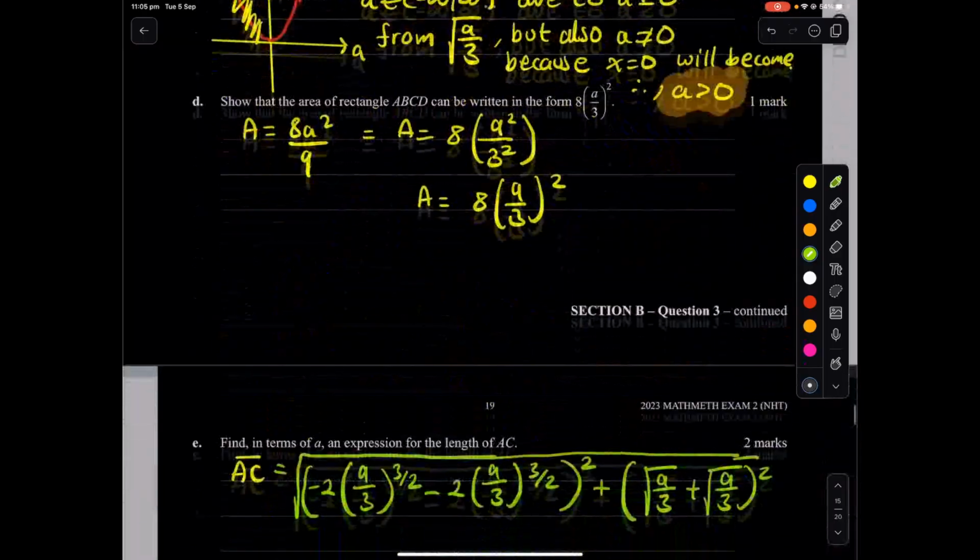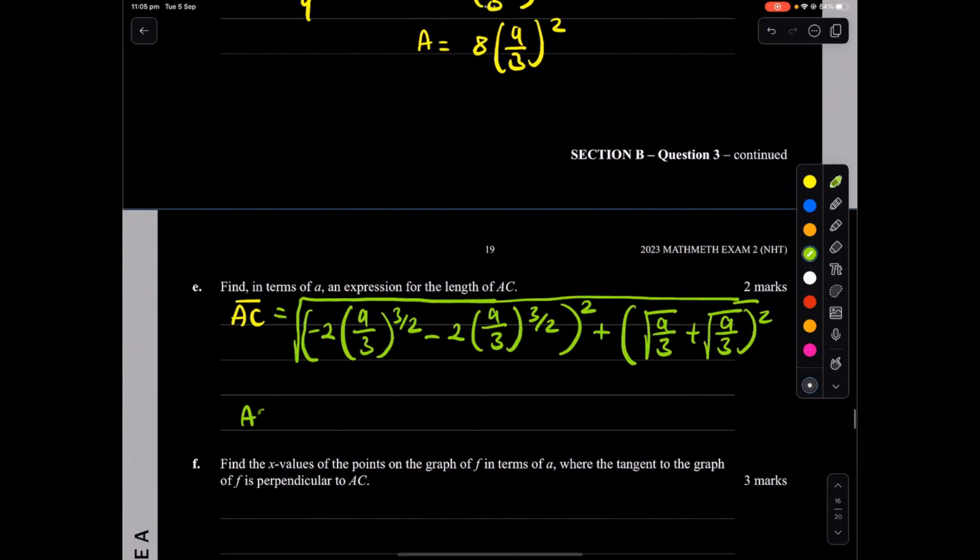So doing that, your AC in terms of a would be this.